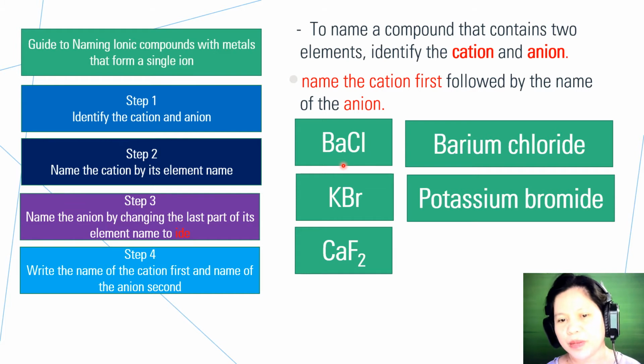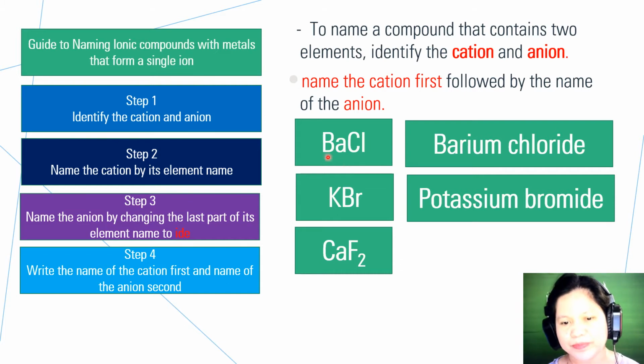Okay, last example. Calcium and fluorine. Calcium is in group number 2, which contains a positive charge of 2. Fluorine has a charge of -1. You might be asking why the formula is CaF2.